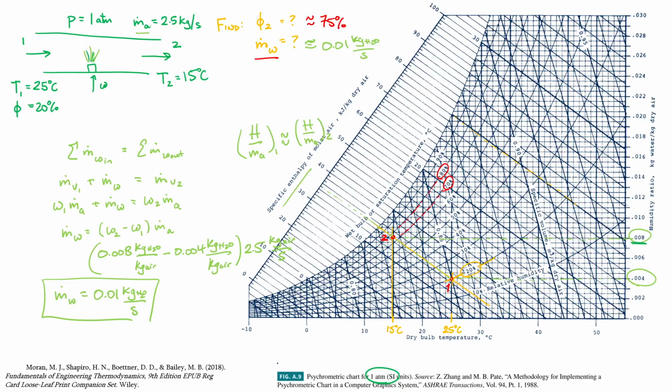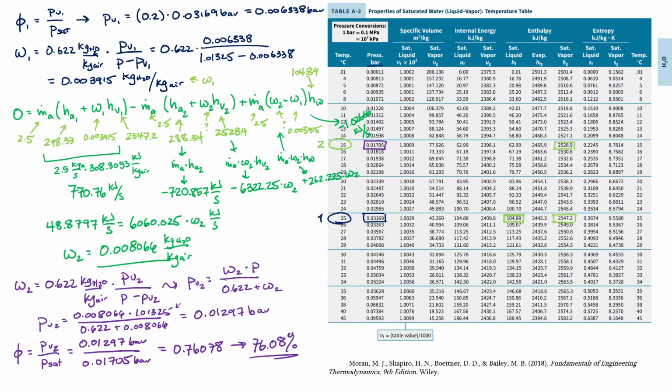And if I compare that 76.08%, before I was between 70 and 80% relative humidity. I kind of guessed it was 75 because it looks about halfway in between there. It's actually 76. I'd say that's pretty darn good.